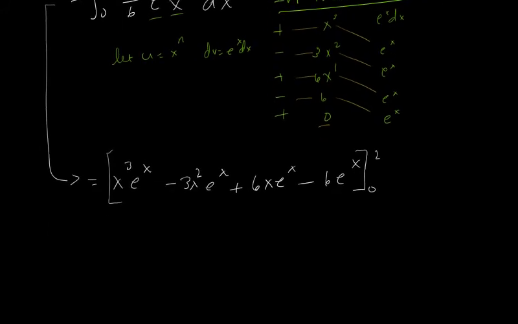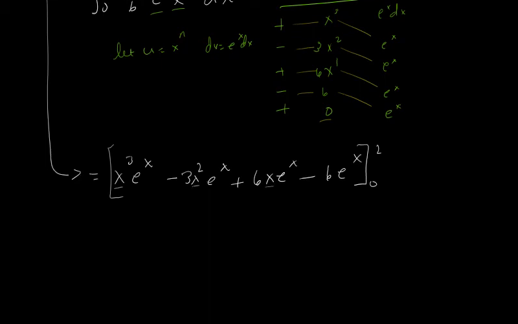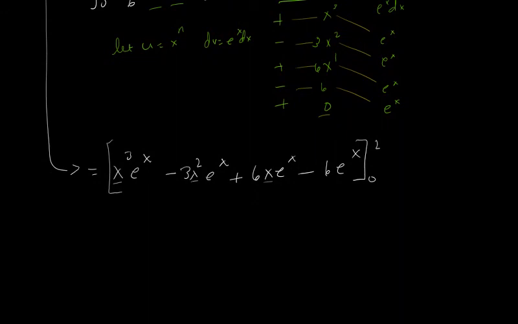Okay, so now notice this time plugging in 0 does not turn the entire thing to 0. The first, second, and third terms have x as a factor, but the last term does not, and e to the 0 is 1. So we can't just blow by and say, oh, 0 is going to give us 0. It's not. So let's go ahead and do our arithmetic here, our algebra. Plugging in a 2, I'm going to get 8e squared minus 3 times 4 is 12e squared plus 12e squared minus 6e squared.